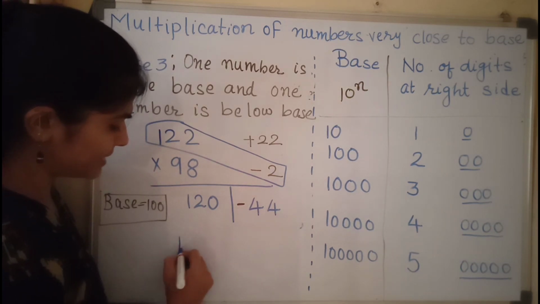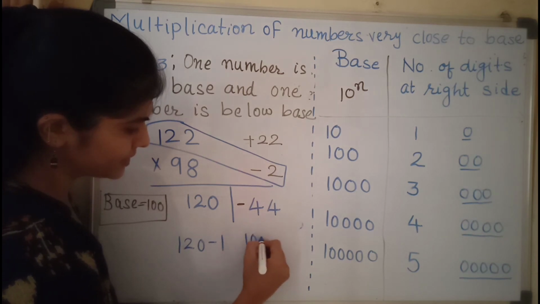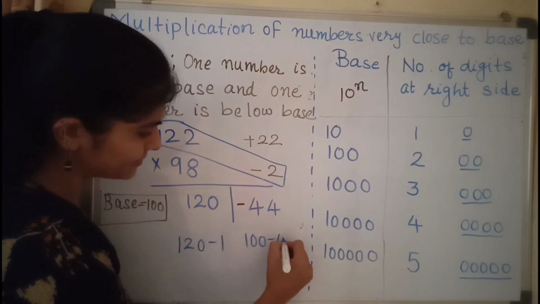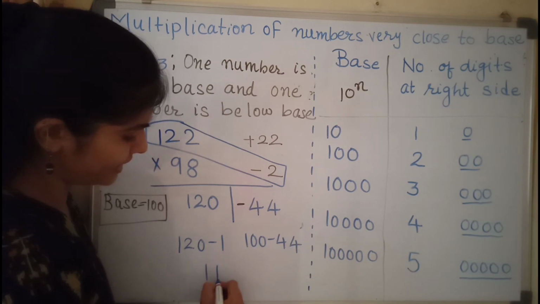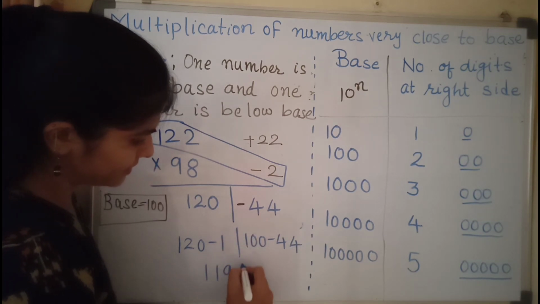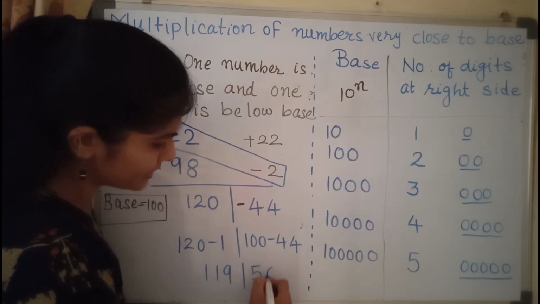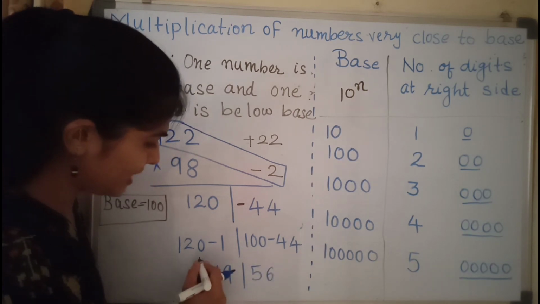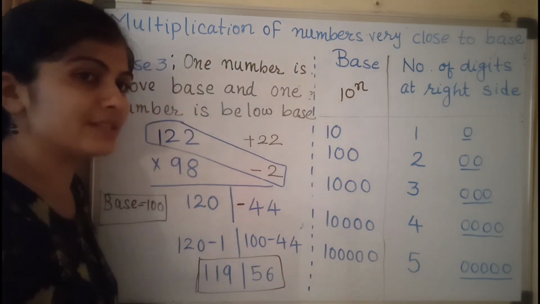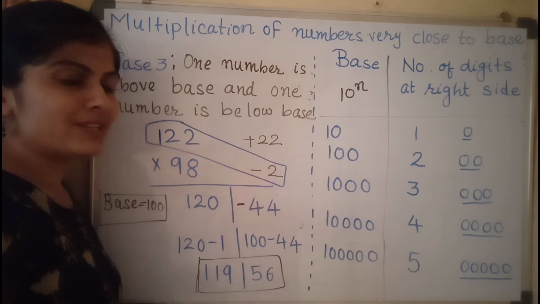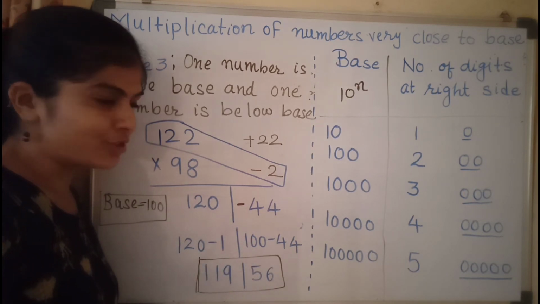Next step is these numbers should be reduced by 1 and they should be subtracted from the base. So this will become 119 and on the other side my answer would be 56. So total answer is 11,956. You can do this calculation manually and check whether this answer is correct or not.